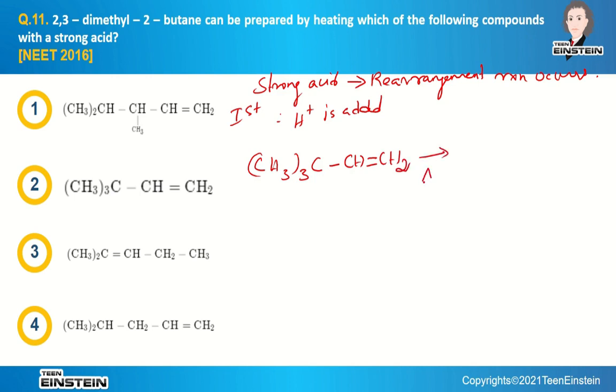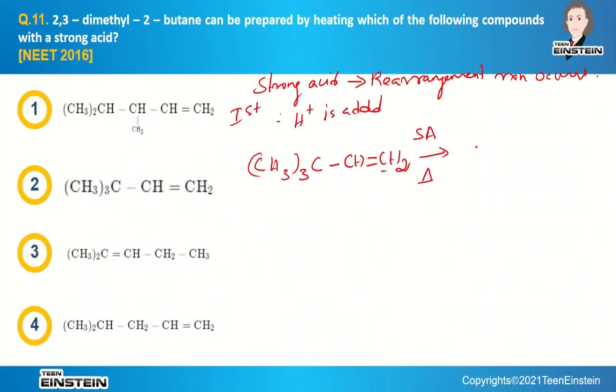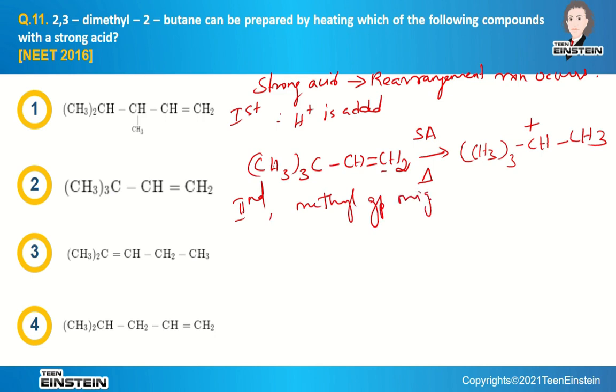While heating in presence of strong acid, the H plus is added to this carbon. We write this as CH3 CH plus CH3. In the second step, a methyl group migration takes place.